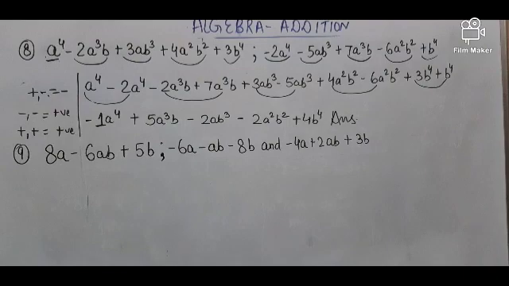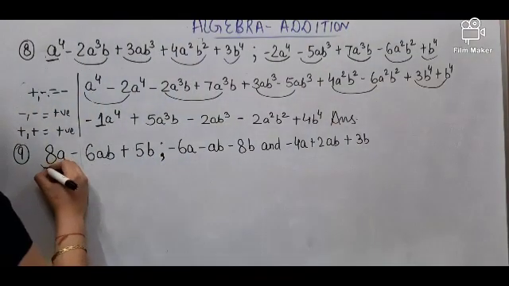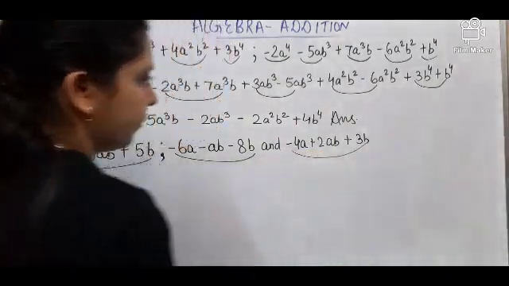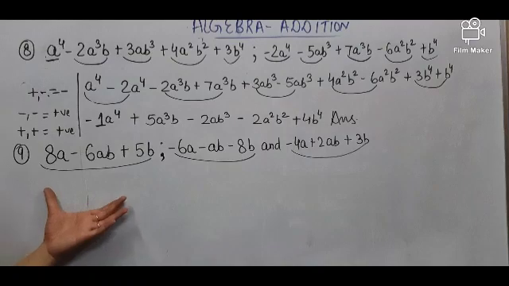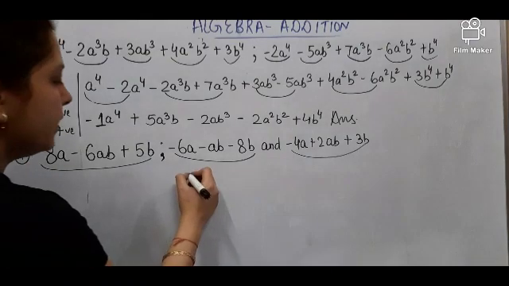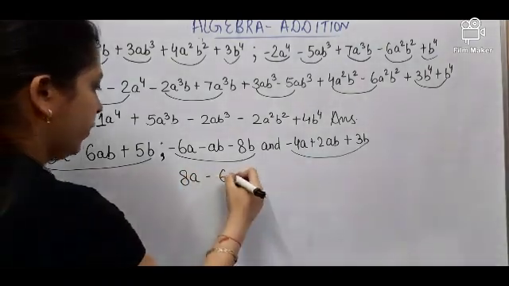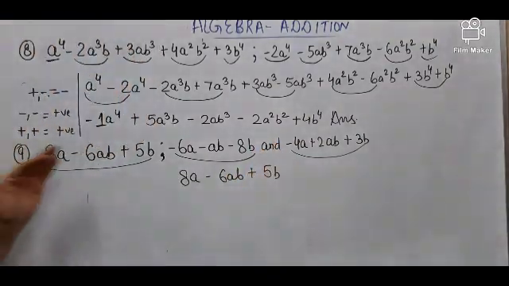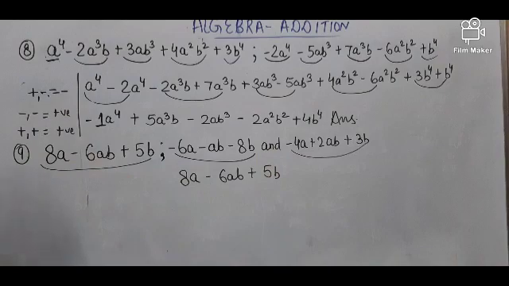Let's do question number 9. In question number 9, we have 3 terms. Let's do this question with the column method. First write the first term, then write the rest of the terms according to the like terms.